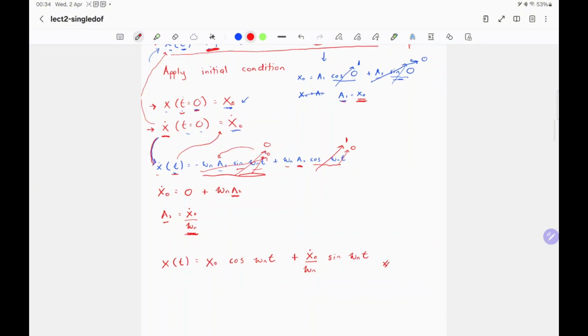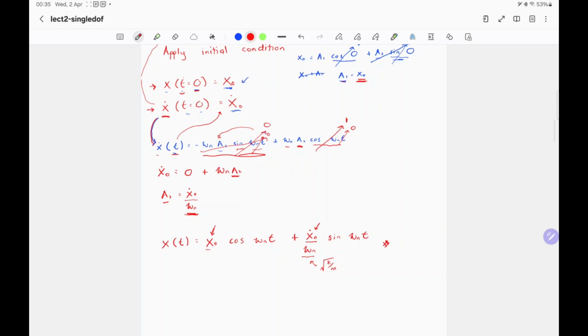So this is the response, we have already identified A1 and A2. In a question, normally it will provide you with the value of x naught and the value of x dot naught, and omega n you can find from square root of k over m. So this is if we want to identify x(t).